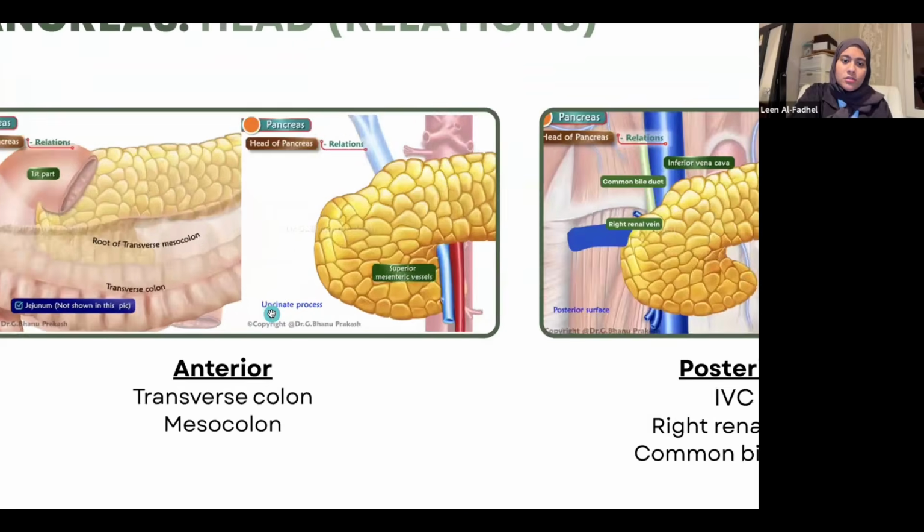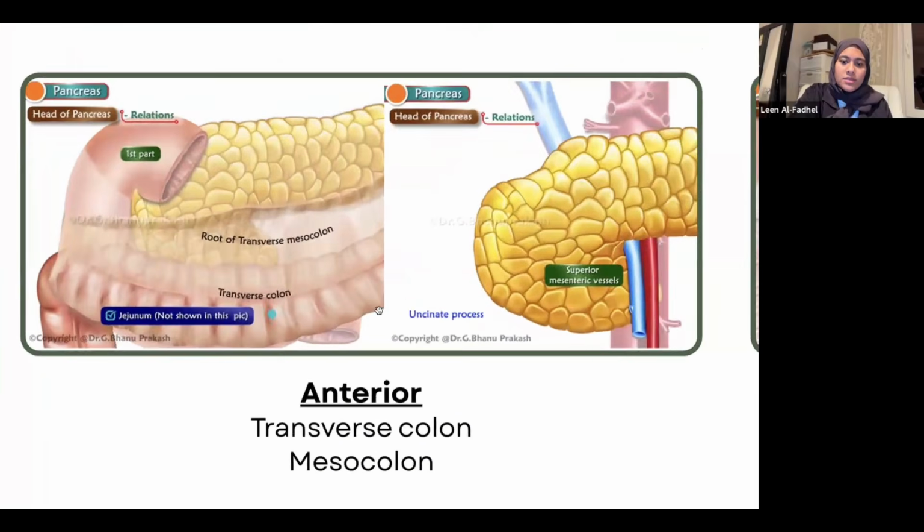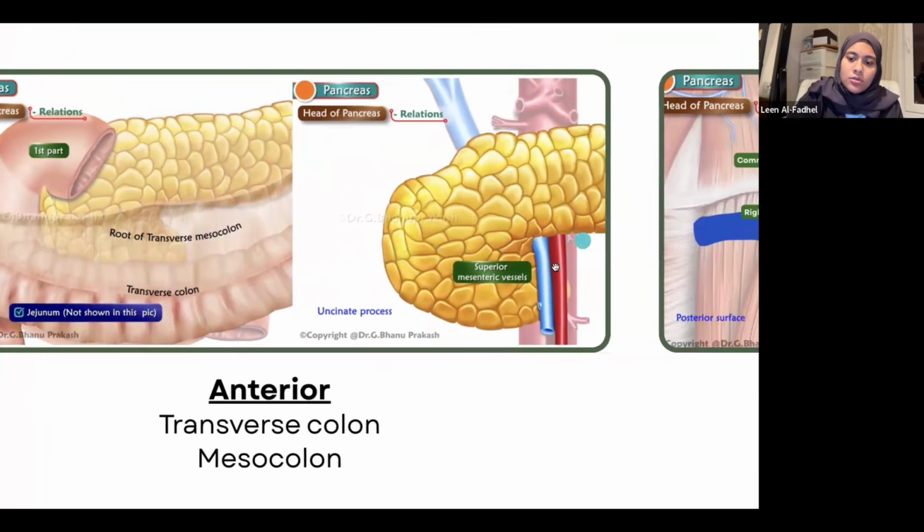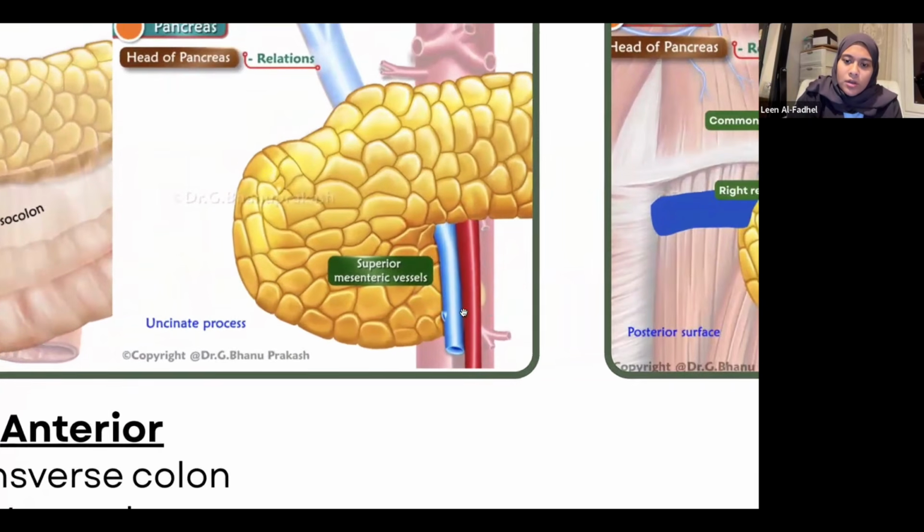So, relations. The first relation here is anteriorly. What do we find anterior to the head of the pancreas? So, first of all, we see the root of the transverse mesocolon. This is the transverse mesocolon. We see the transverse colon, okay, and that runs anterior to it. And here are the superior mesenteric vessels, which I just talked about.